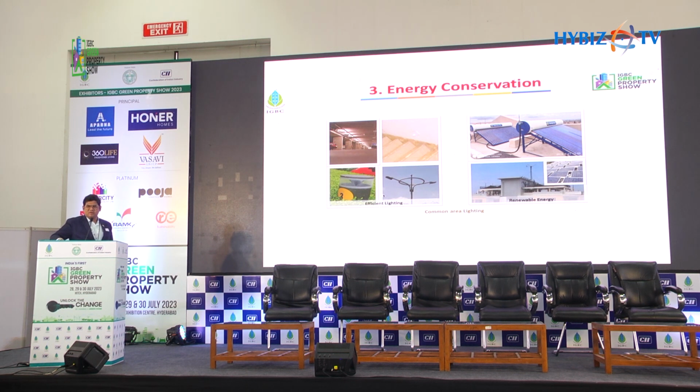Solar power cannot power your whole building, but at least it can take the load of your common areas. And similarly, we have solar water heaters, which will again reduce our dependency on electric geysers or other means of water heating. And also, it is important that whenever we buy appliances for our homes, right, we look at the BEE star rated labels. The higher the star rating, the more energy efficient that equipment is and the more energy savings that we'll be getting in terms of our power bills.